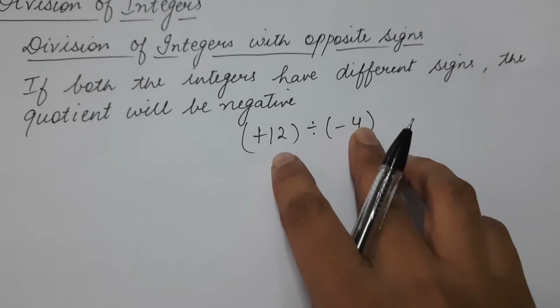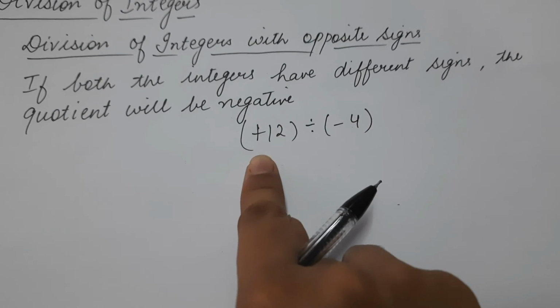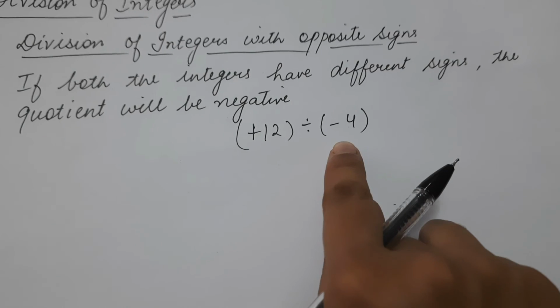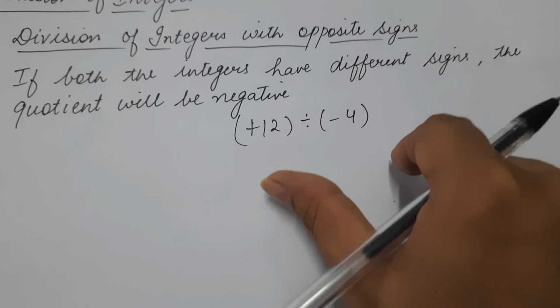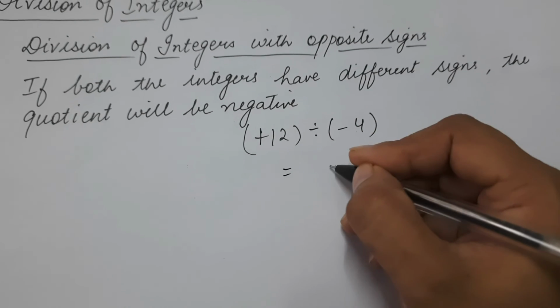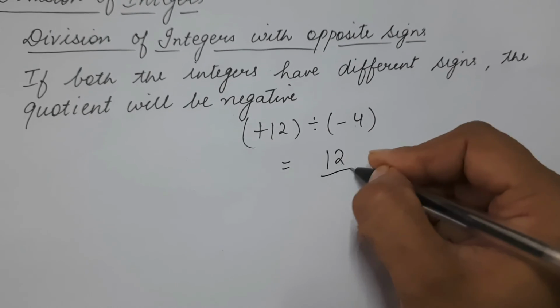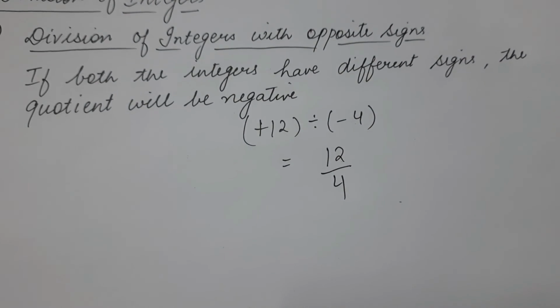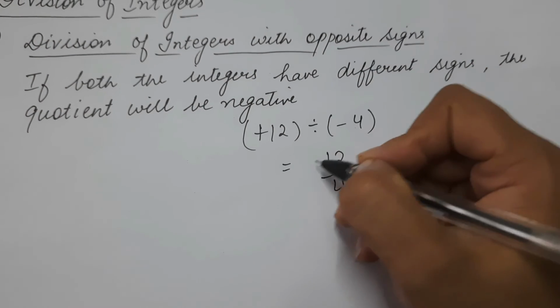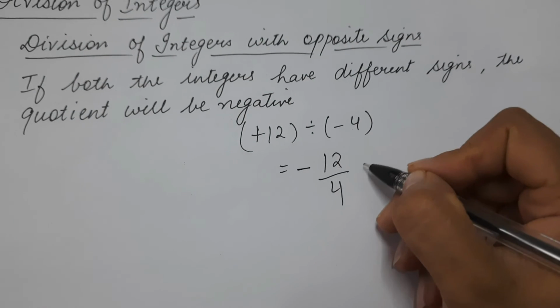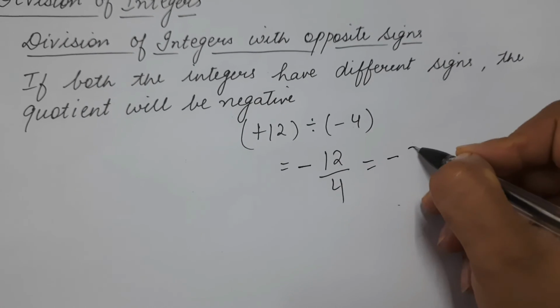See, both the integers have opposite signs. This integer has a plus sign and this integer has a minus sign. So we will divide their absolute values, which are 12 and 4, but the sign will be negative. So it will be minus 3.